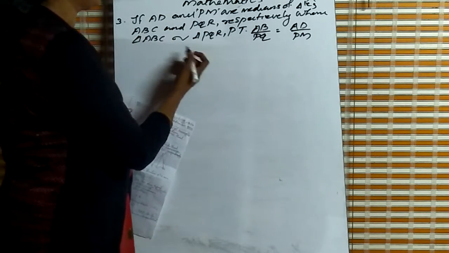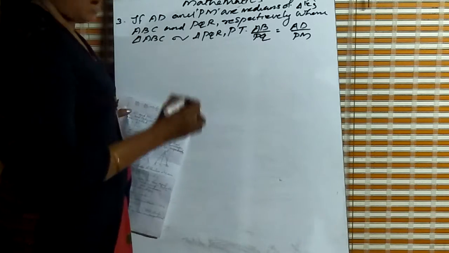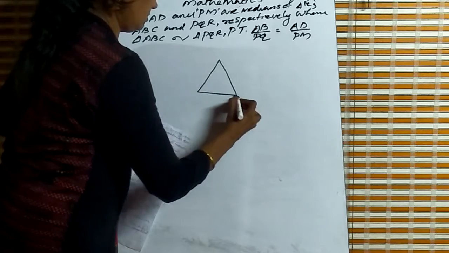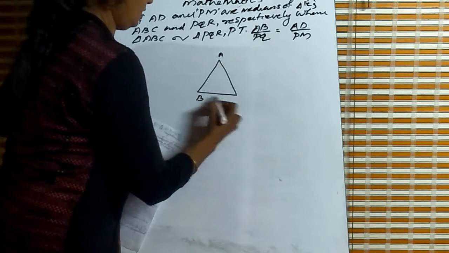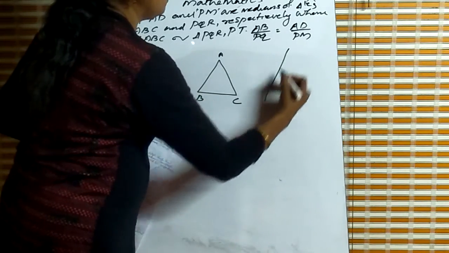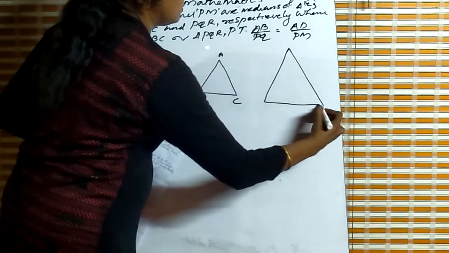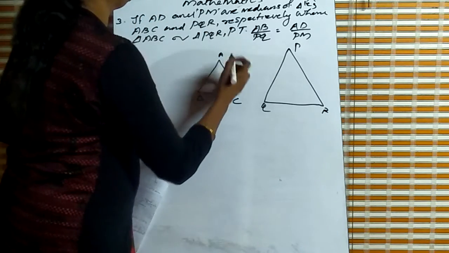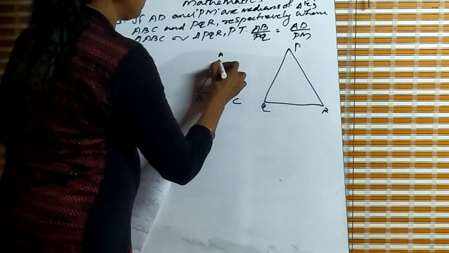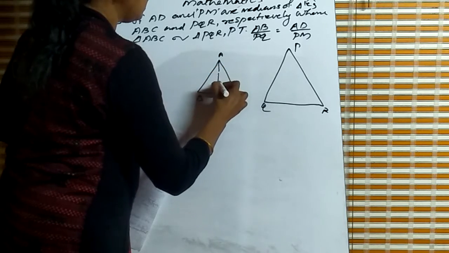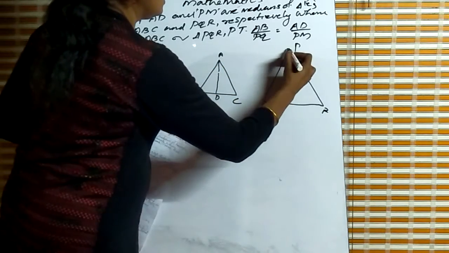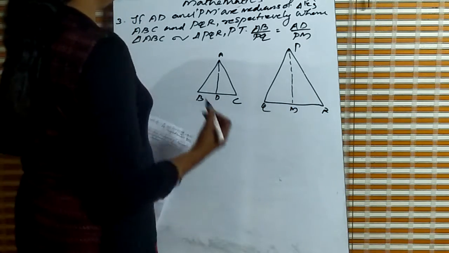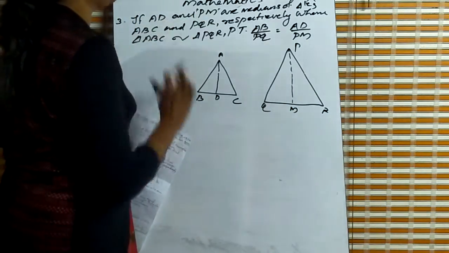Here we are given two triangles ABC and PQR and it is similar. So, ABC. Another triangle is PQR. And also given AD and PM are the medians of triangle ABC and PQR.